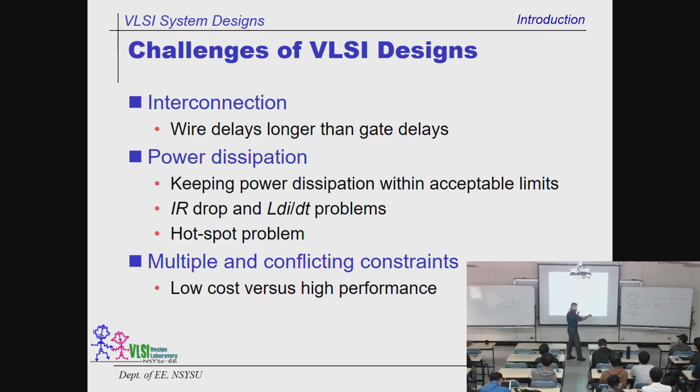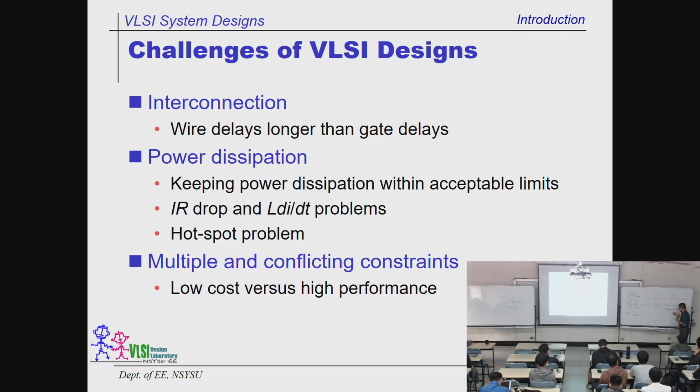Because in this kind of design, when you are in the first year, your professor, for example me, will tell you that we only count the gate delay. Count the gate delay over here. So here you see, okay, we have 3 inverter delays. But in the future, the gate delay is nothing.